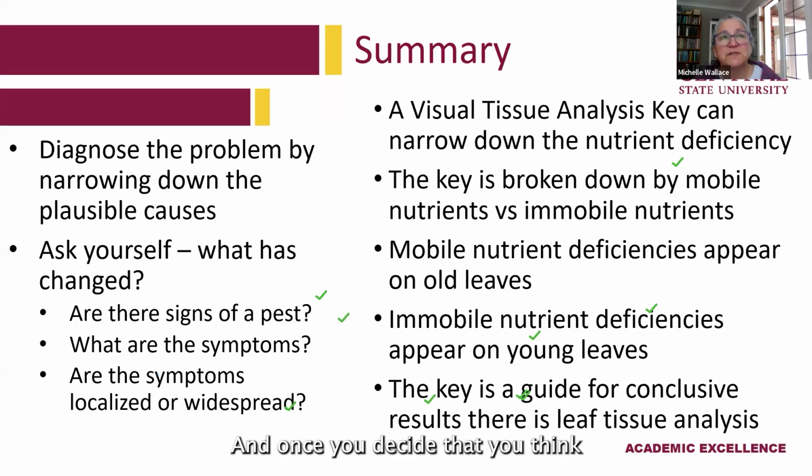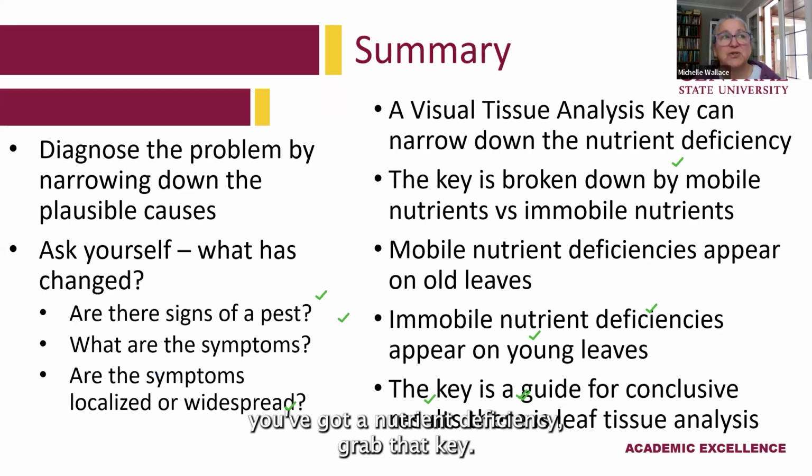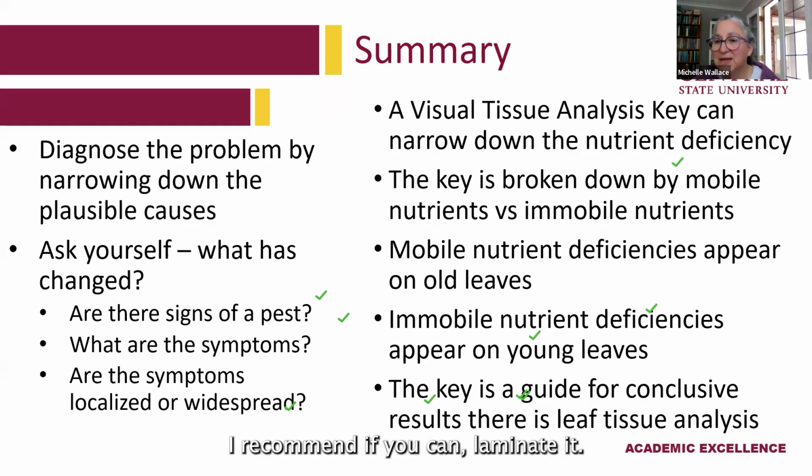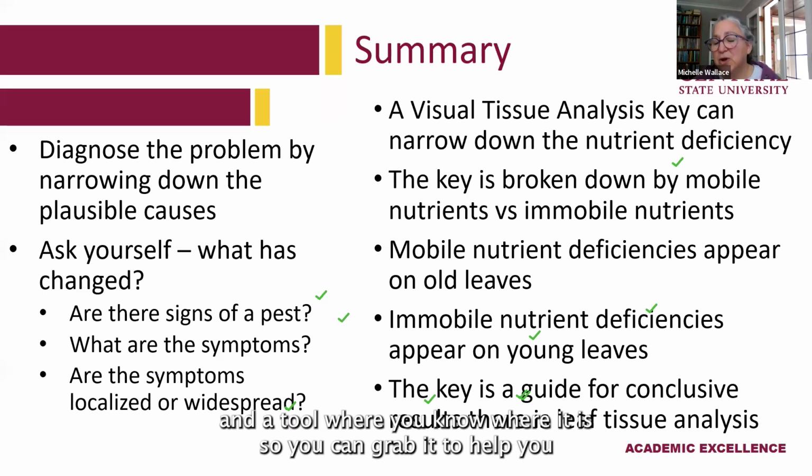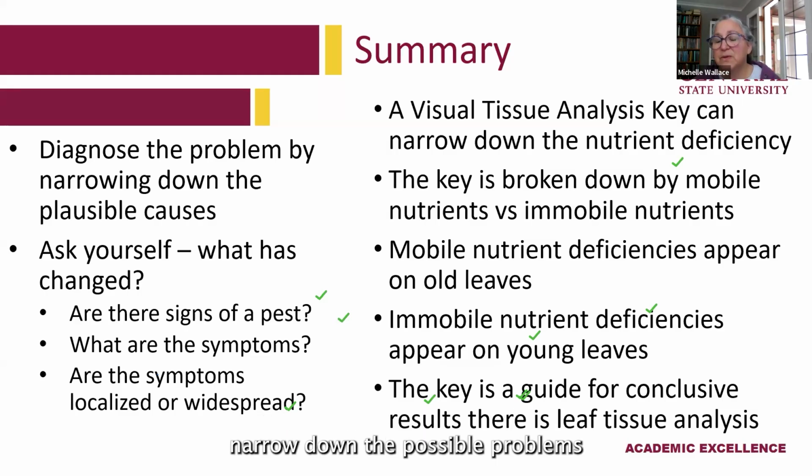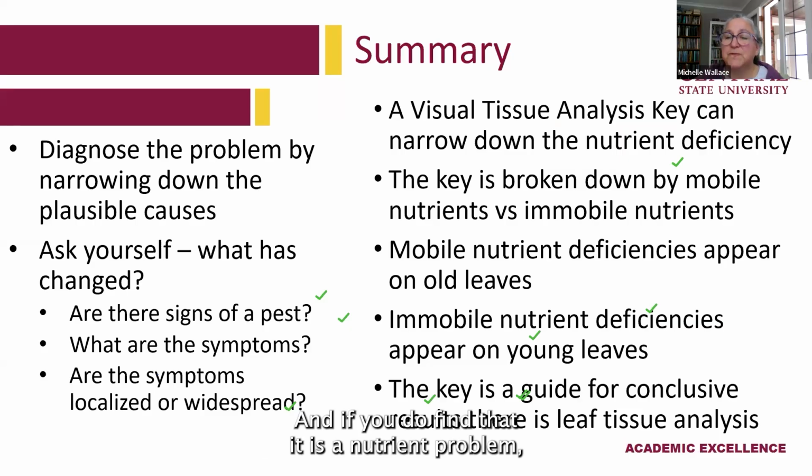And once you think you've got a nutrient deficiency, grab that key and keep it somewhere. I recommend, if you can, laminate it, but in general, keep it somewhere handy where you know where it is so you can grab it to help you narrow down the possible problems before you jump to a conclusion.